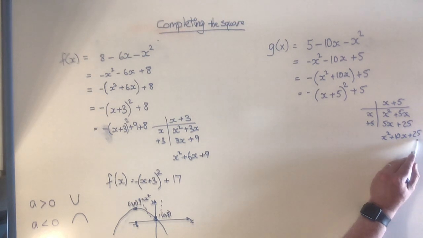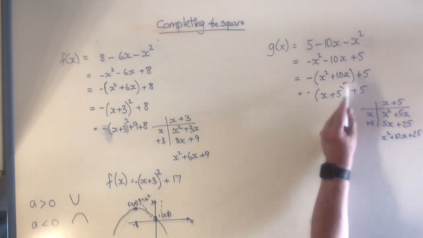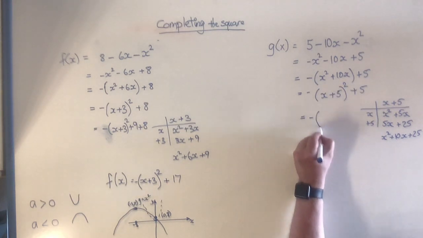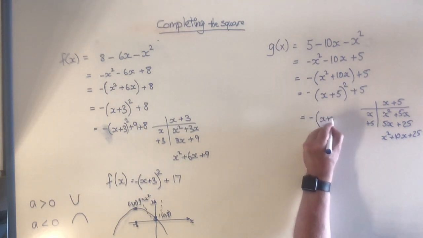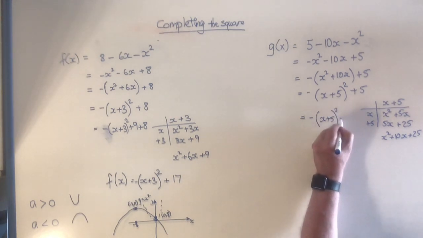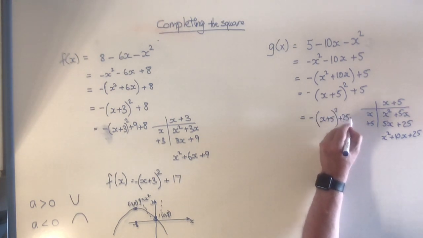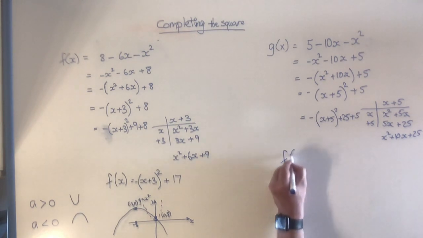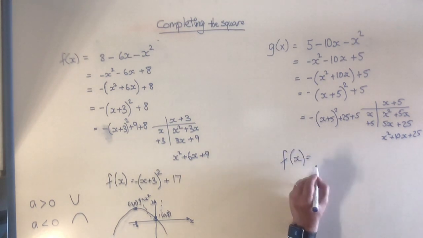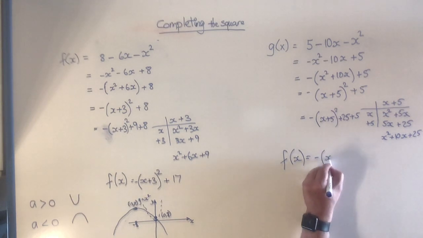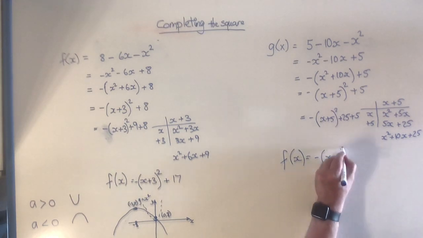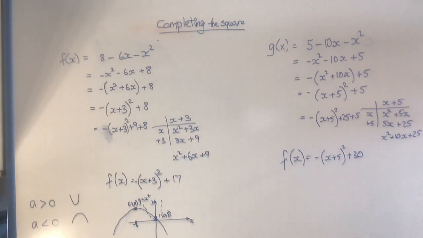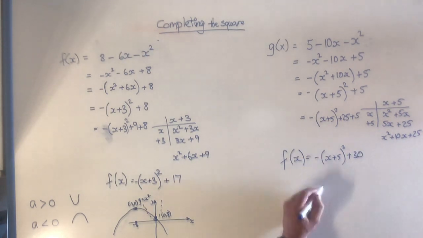So if there's 25 too much, and here we have to take it away, but there's a minus outside, so we're actually adding on 25. And putting it in the format of completing the square, we've got minus (x plus 5) squared plus 30.